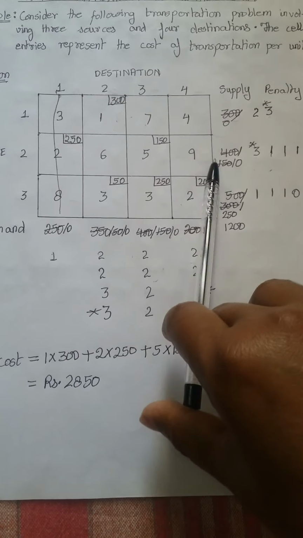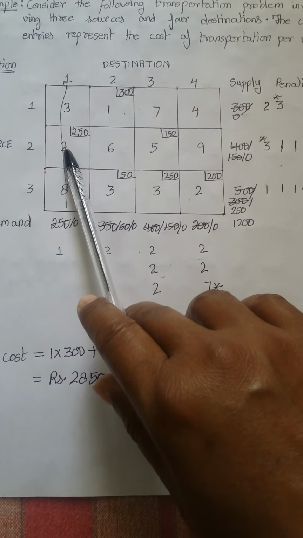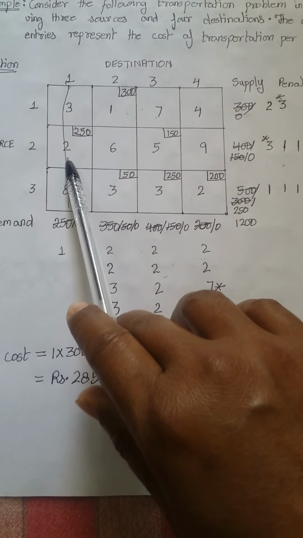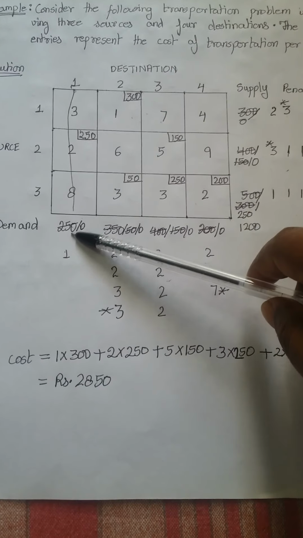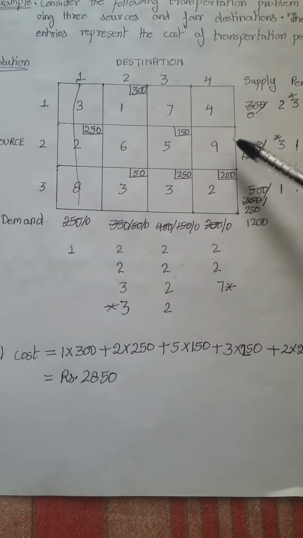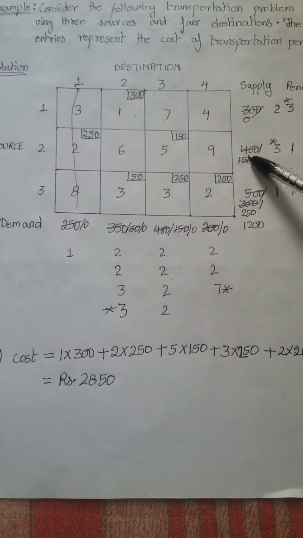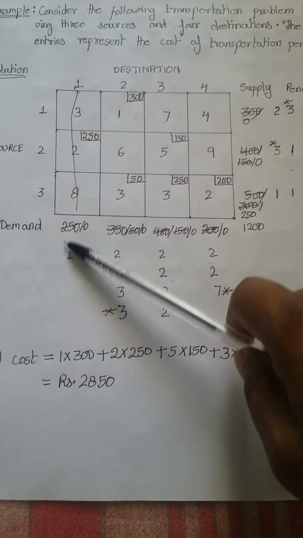In the second row, we will see which cell has the minimum cost. The minimum cost is here at rupees 2. So you have to find how much allocation we can make in this cell. Here the total demand was 250 and the supply was 450, out of which 250 is the smaller one.